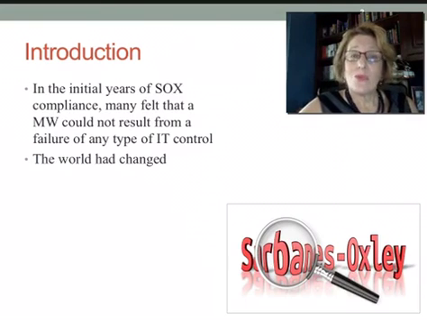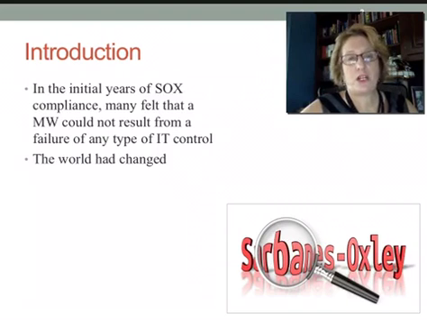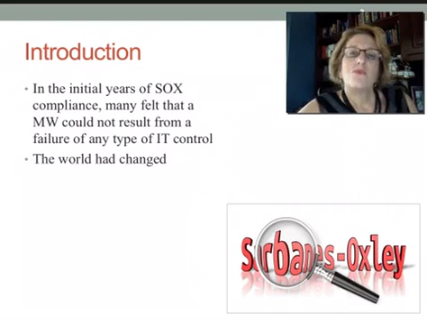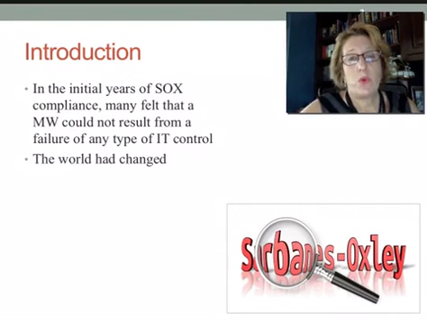So we really struggled at that point in time, and then they kind of took a step back and balanced the need to look at information technology controls and focus on those things that really related to financial reporting. However, this is where I'm going to challenge it.